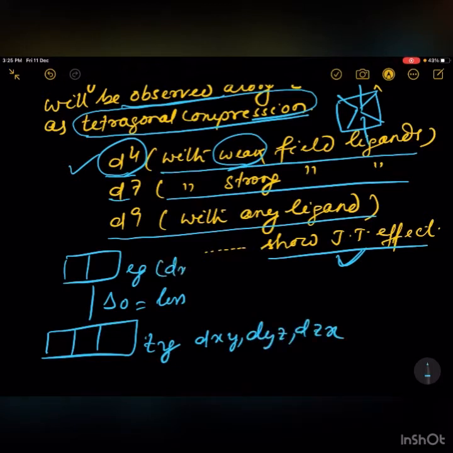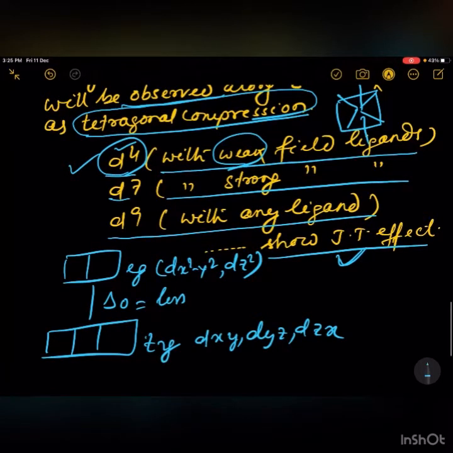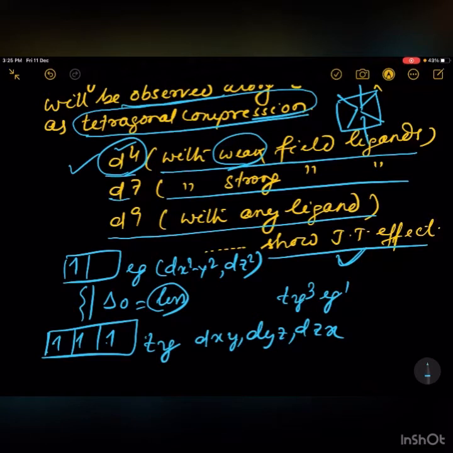EG contains dx square minus y square and dz square. For 4 electrons, you can arrange the electrons in this fashion: 1, 2, 3. As del O is less, the 4th electron will go up. So this is T2G3, EG1. And here the Jahn-Teller effect can be observed because one of the EG orbitals contains one electron more than the other EG orbital.